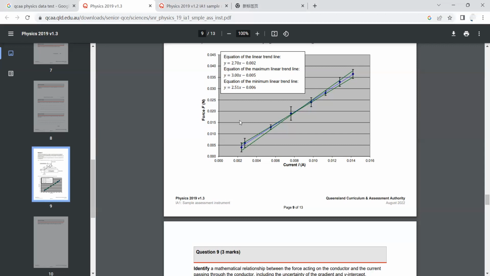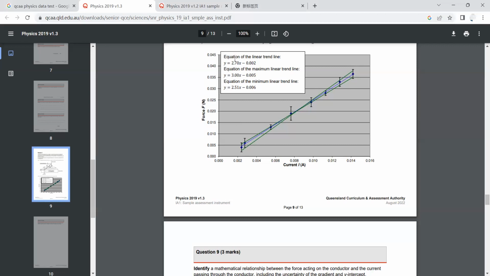The uncertainty for the y-intercepts is 0.006 minus 0.002 divided by 2. It would be 0.004 divided by 2, and the result will be 0.002.